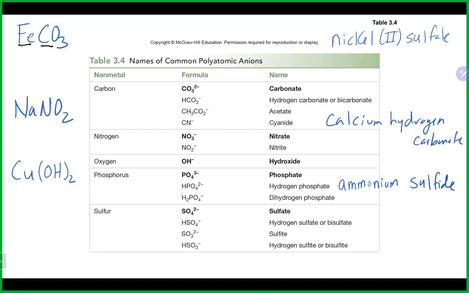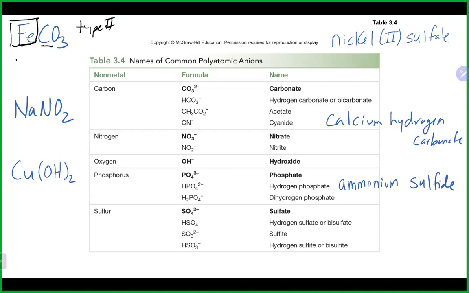Whenever the metal's involved, that is the most important thing to look at. So we want to look at the metal, which is iron. Iron is dead center of the transition metal region, which should automatically tell you that is a type 2 metal. That means Roman numerals should pop into your head, so I also need to figure out the charge on it.